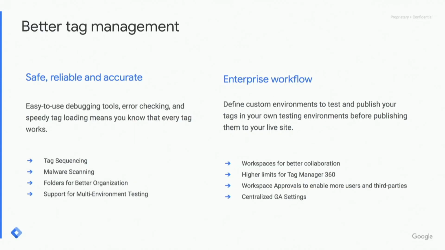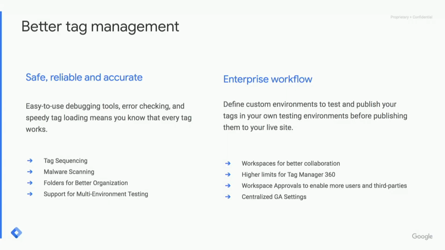Google Tag Manager provides a lot of benefits for you as an organization in deploying all of your measurement and marketing tags. It's safe, reliable, and accurate, and includes a variety of features to help you in this regard. Easy to use debugging tools, error checking, speedy tag loading, means you can be confident that every tag you deploy works as it needs to work.